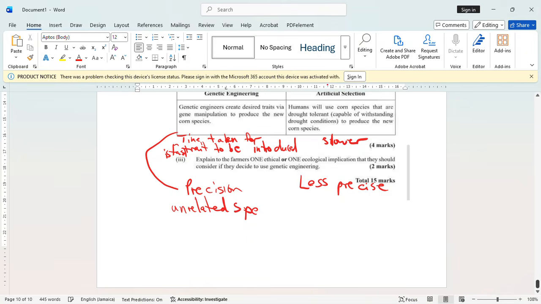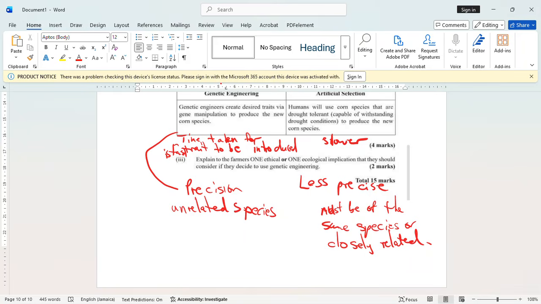But for artificial selection, for you to use that process, they must be of the same species or closely related.